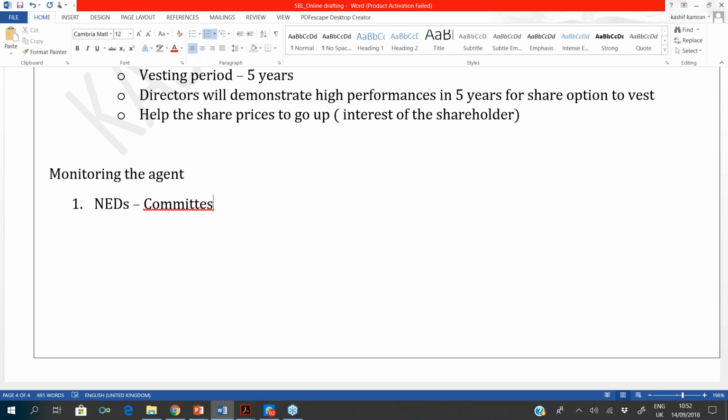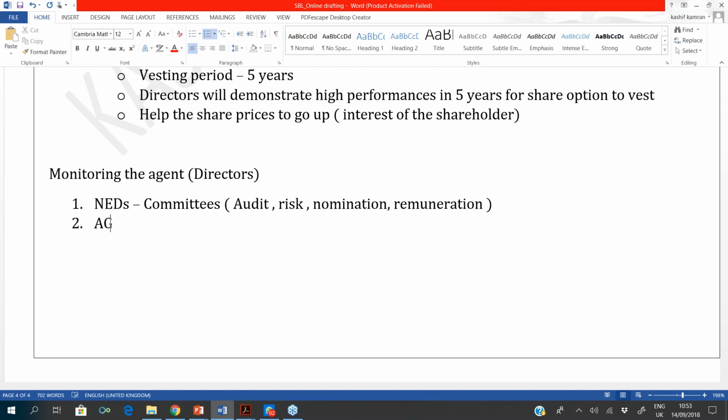How many committees are there in corporate governance? You have audit committee, risk committee, nomination committee, and remuneration committee. And all these committees check the director. These committees will come in the later part of our syllabus. All four of them come later. But all of you have a realization of these committees, and you know how important they are. So these committees keep a check and balance on the agents. Who is the agent here? The directors.